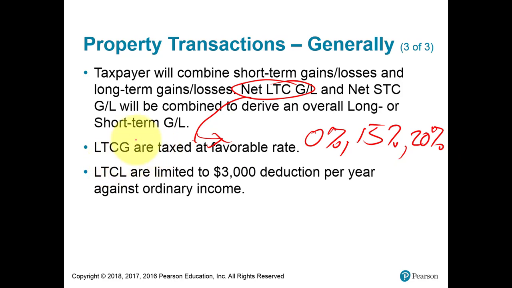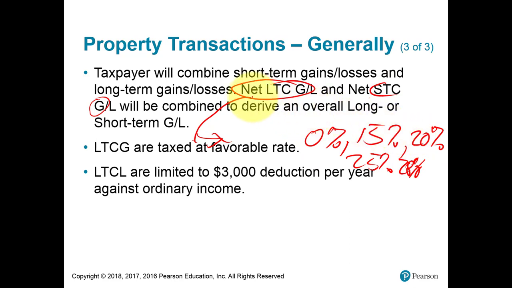We're going to see some other rates, maybe a 25% rate and a 28% rate, if the characteristic of the asset falls into a different category. Now, if you have a short-term capital gain, then that short-term capital gain is taxed at regular rates, not these lower rates over here.